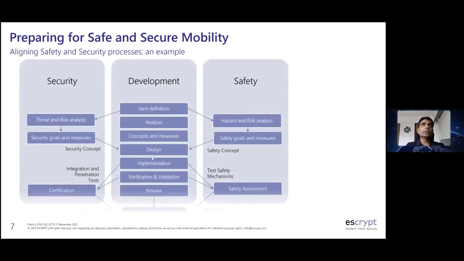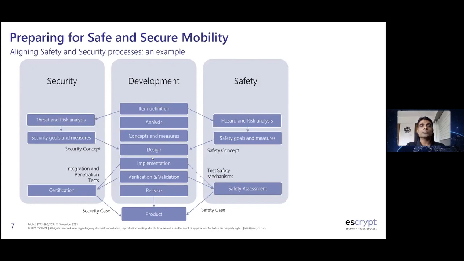Just as an example, while the development process, NPI, NPD, whatever might be practiced for a new product launch or a facelift in automotive development, safety and security should ideally start at the right points, right from the item definition, so to say. Safety would take its course: hazard and risk analysis, then safety goals will be defined, and some measures will come into the picture. In parallel, security will take its own route: threat and risk analysis, and security goals and measures will be created.